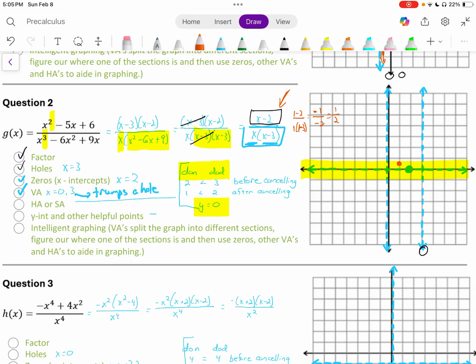And now that can tell us about the rest. It can't come from here because we would have to cross over the x-axis to get to this point. And so our graph will start up here, go through the point we just found, go through the x-intercept, and then get closer and closer to the other vertical asymptote.